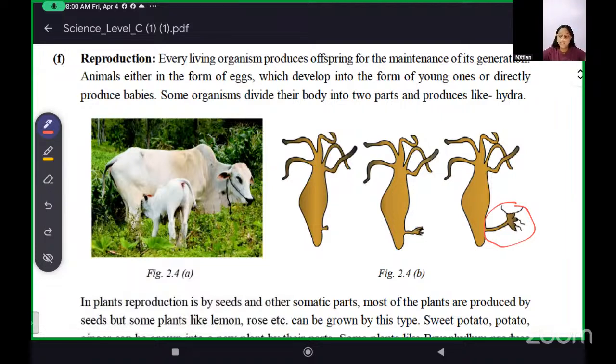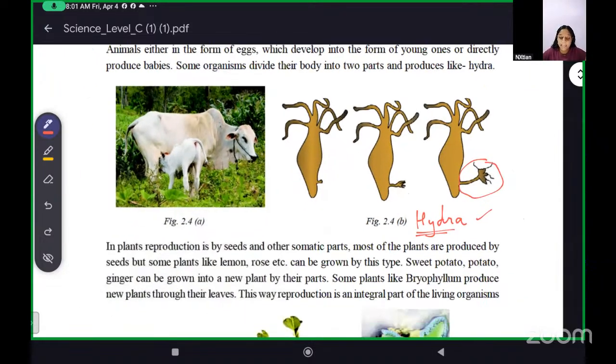Every living organism produces offspring for the maintenance of its generation. Animals either produce eggs, which develop into young ones, or directly produce babies. Some organisms divide their body into two parts and reproduce, like Hydra. This is Hydra, which divides its body into two parts and reproduces.